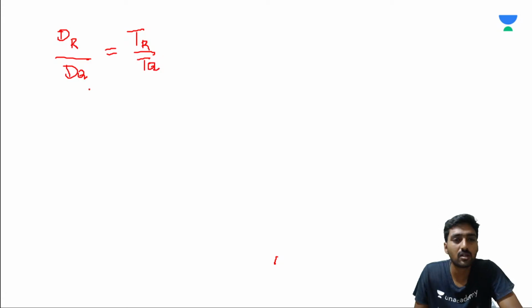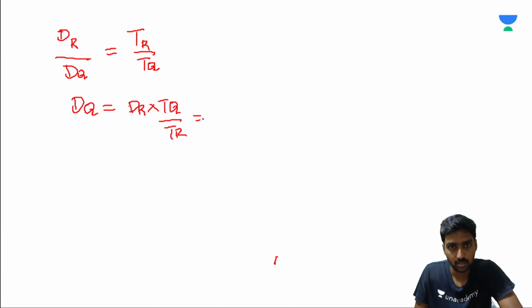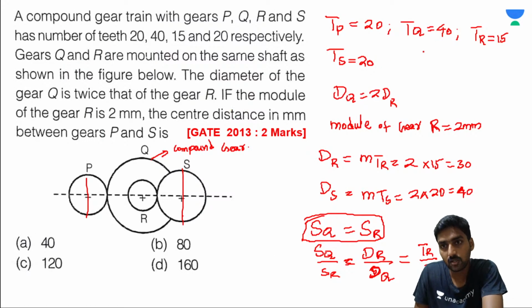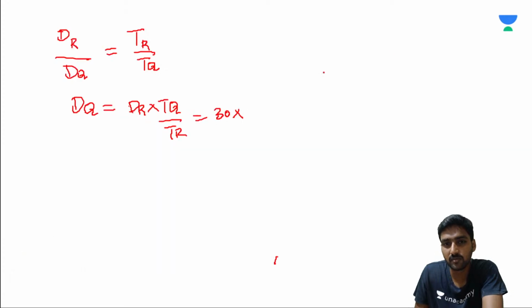Now we need to identify the diameter of Q. What will be the diameter of Q? dQ is equal to dR into dQ divided by dR, which is 30 into 40 divided by 15. What will be the value? It's equal to 80, the diameter of Q.